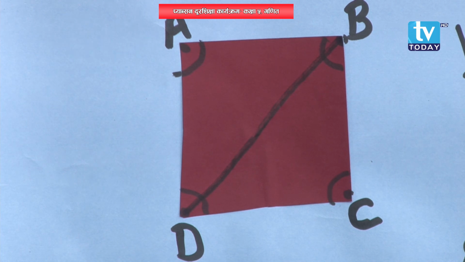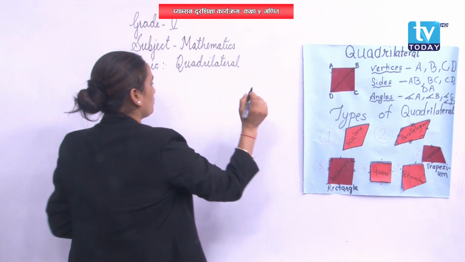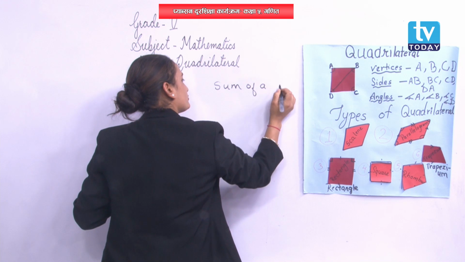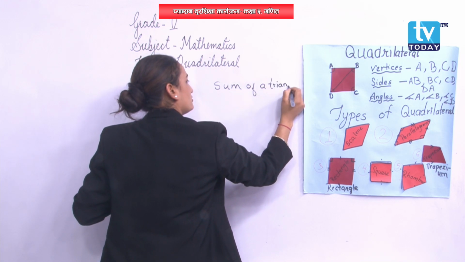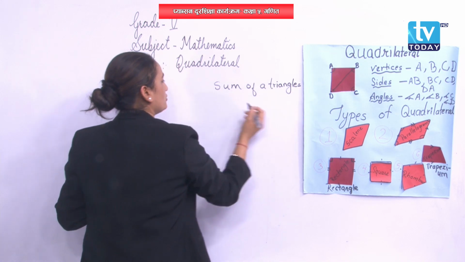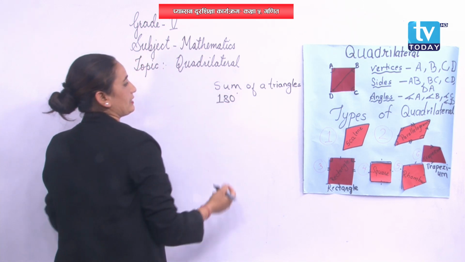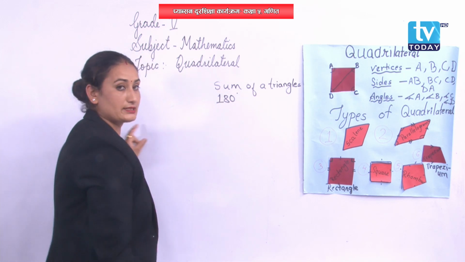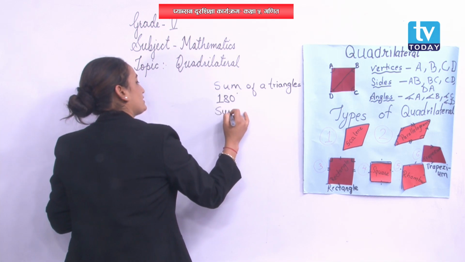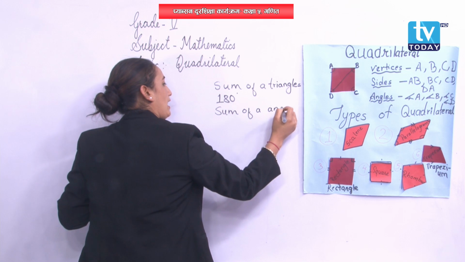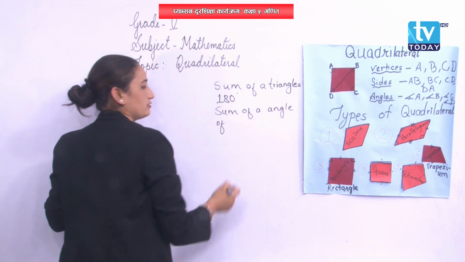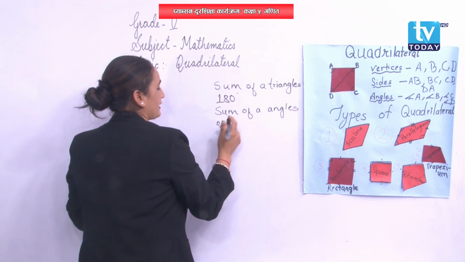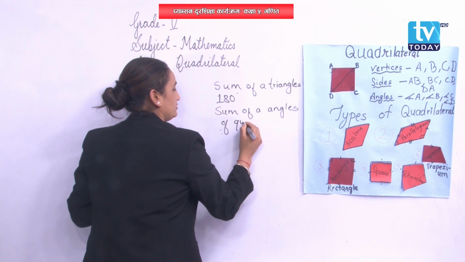We can write sum of a triangle equals 180 degree. Can you see here? Sum of a triangle is 180 degree, but you can write it, sum of angles of a quadrilateral.